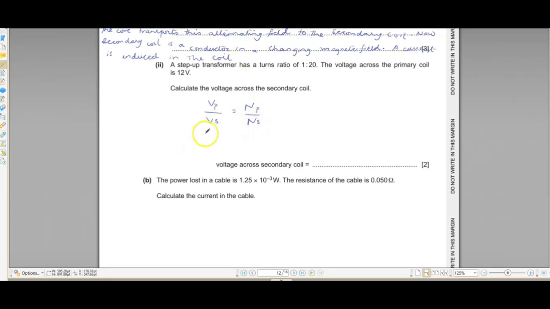So Vp we know is 12 volts. Vs we don't know and have to find. Np obviously is 1 and Ns is 20. So we cross multiply everything, and 12 into 20 is going to give us an answer of 240 volts. So the secondary voltage is 240 volts.